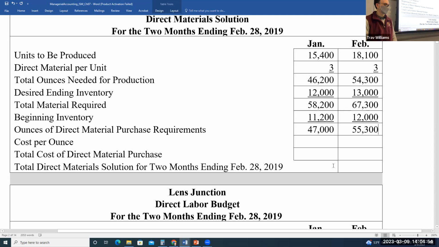Okay. Cost per ounce, is it $3 on the solution? Yeah. Okay, and that again stays the same both months. Now we can multiply.